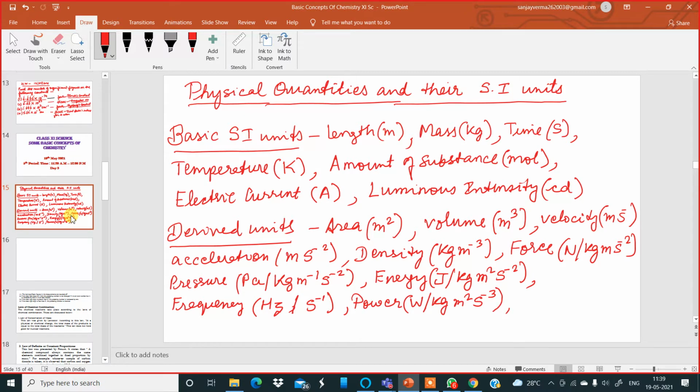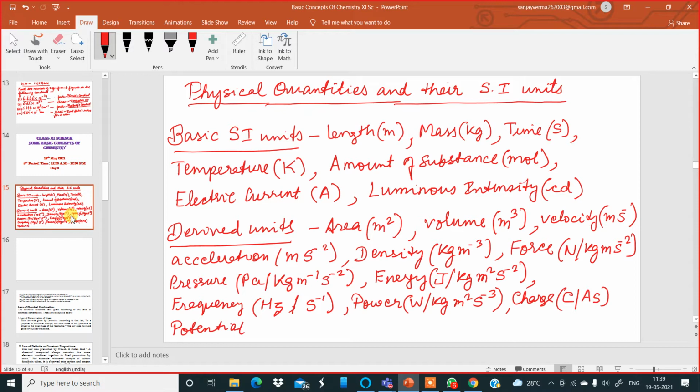Then we have charge. Charge is always for electric charge. Charge is coulomb, capital C, or we can write ampere second. And there is one more: electric potential.